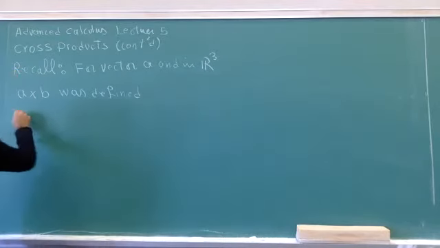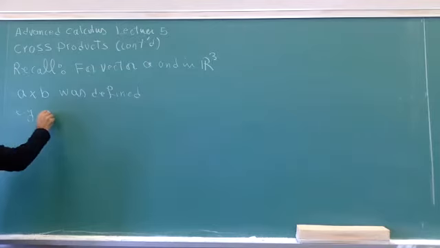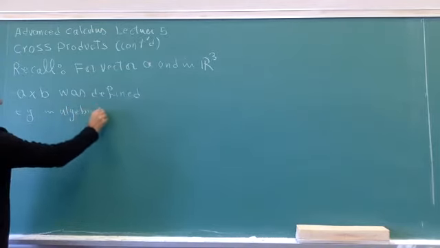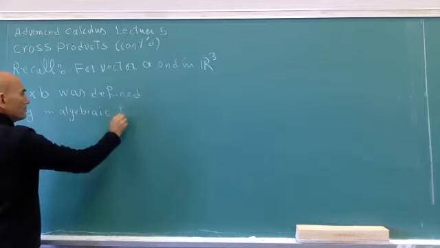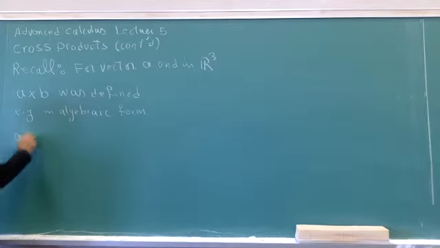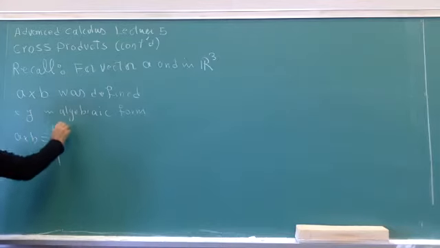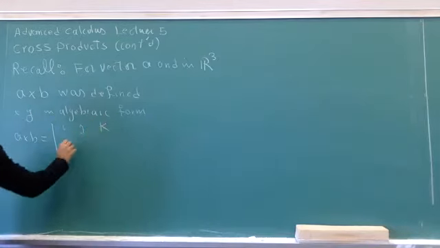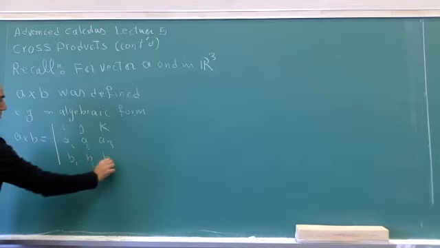For example, in algebraic form, A cross B was defined by the determinant with rows I, J, K, then A1, A2, A3, then B1, B2, B3.